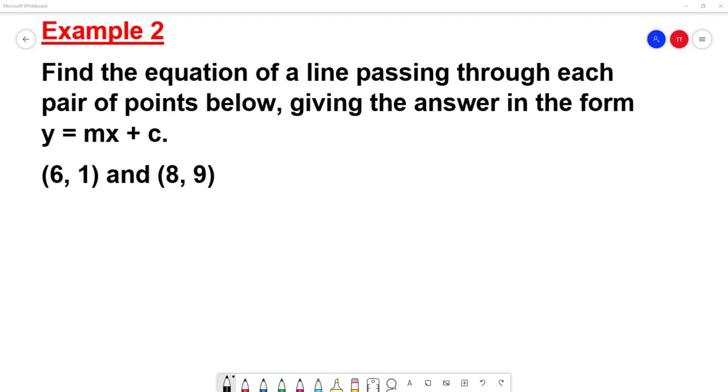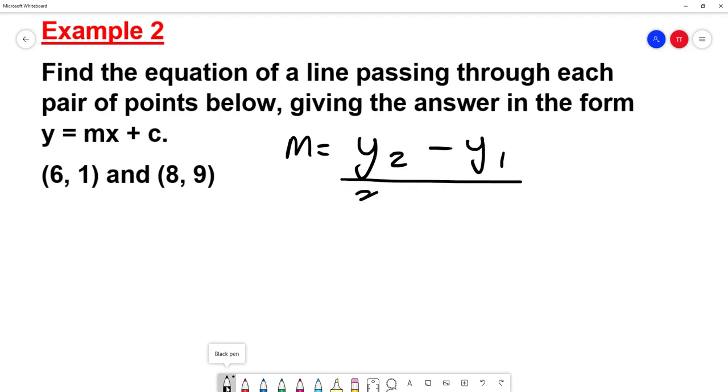Okay, welcome back. So this question says, find the equation of a line passing through each pair of points below, giving the answer in the form y equals mx plus c. So again, we need to use the gradient formula. m equals y2 minus y1 divided by x2 minus x1. We're going to call 6 x1, 1 y1, 8 x2, and 9 y2 respectively.